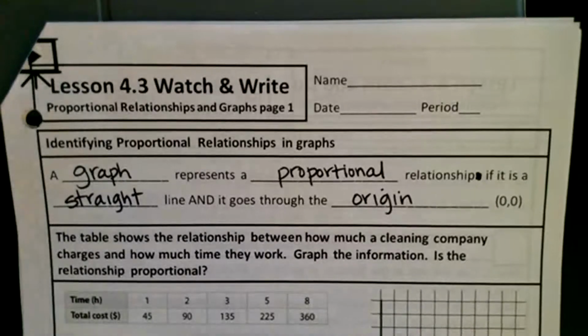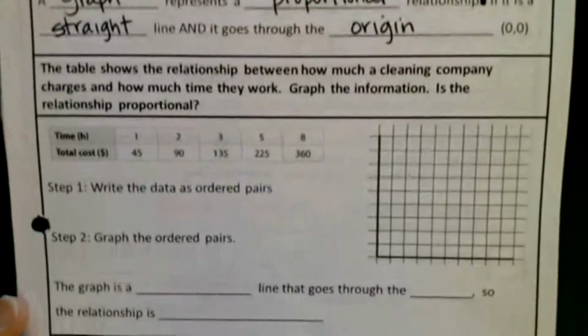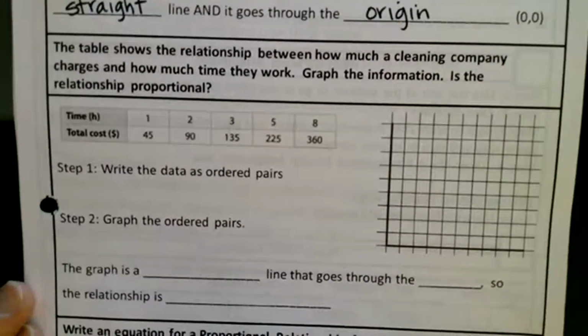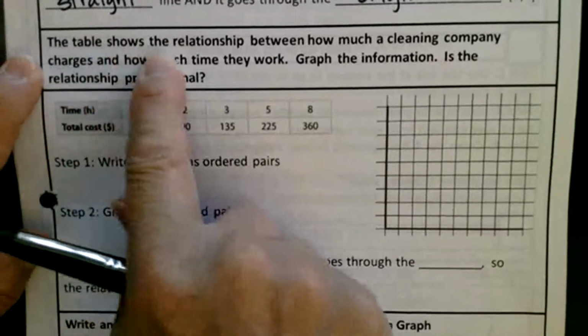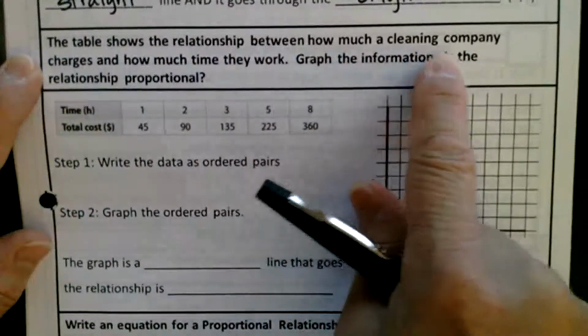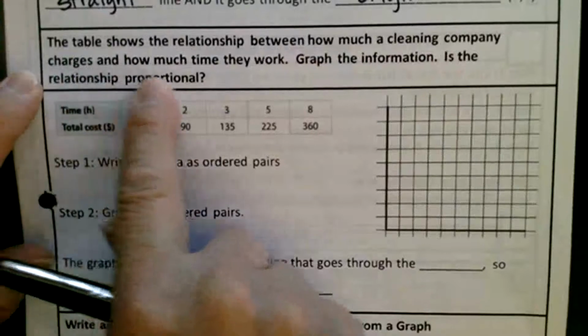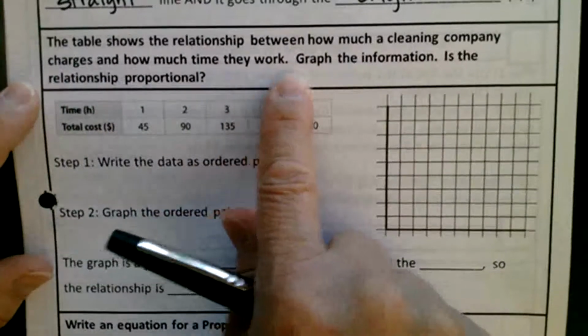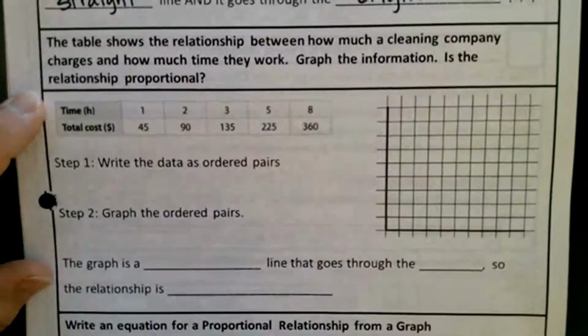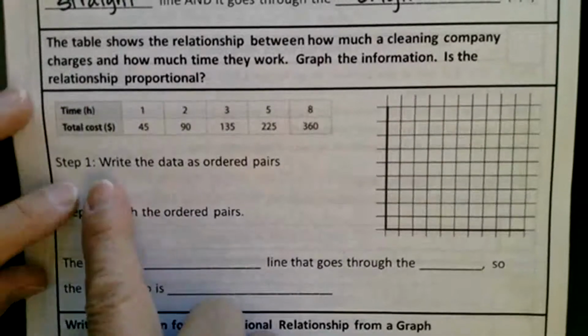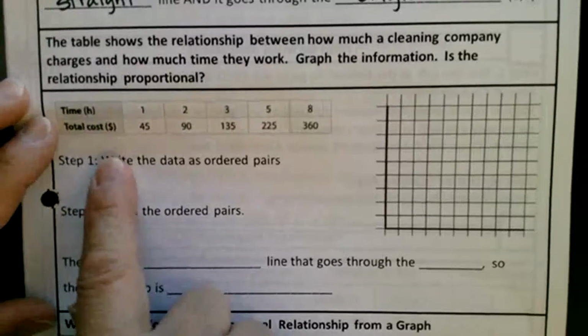So how do we do that? All right, let's read the situation and then we'll go through how to do it. First, it says the table shows the relationship between how much a cleaning company charges and how much time they work. Graph the information and then answer this question: is the relationship proportional? All right, so step number one, we're going to take a look at this table, right?